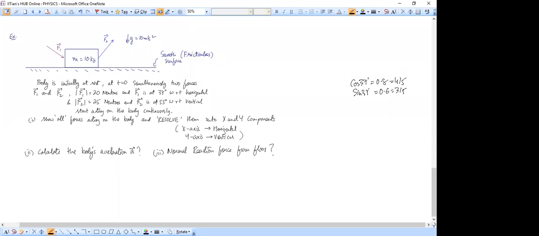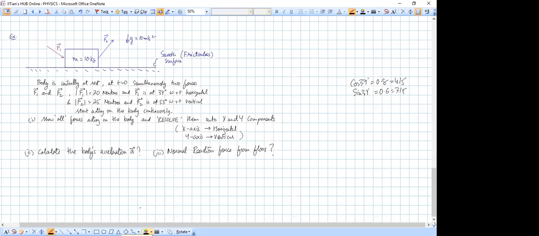So just to give you a hint, your force F1 is looking like this. It's of magnitude 20, and the angle with the horizontal is 37. So don't forget that it's this angle which is 37.